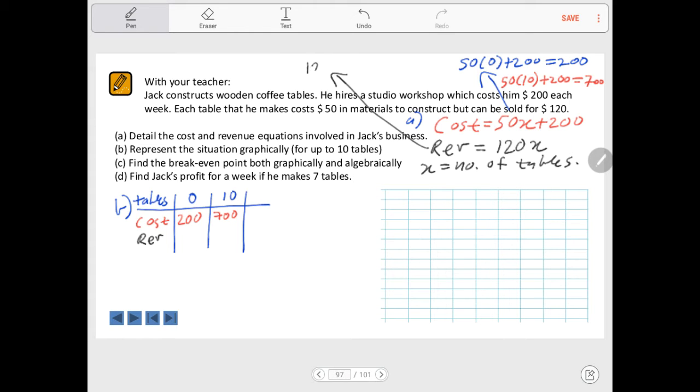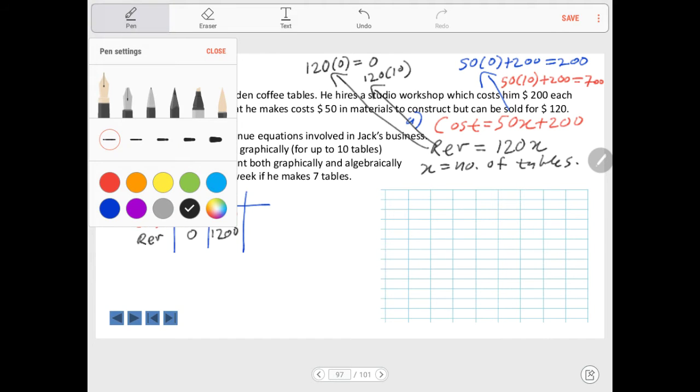If Jack doesn't sell any tables, well, obviously that's no revenue. 120 by 0, $0. So Jack's going to hope that he sells all 10 tables. So 120 by 10, which will net him $1,200 in revenue. Okay, so once we've got this table sorted out, we can go and graph this now.